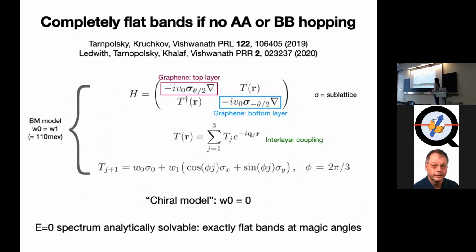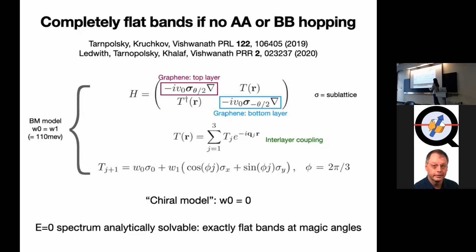Because the A and B sublattices in the two layers are the same as each other, this 2x2 matrix can't have a sigma z term, but it can have an identity matrix term. That gives us one free parameter. It can also have some off-diagonal terms, and that gives us a second free parameter. Because of the rotation symmetry of the crystal, those are the only free parameters that we have for this model.